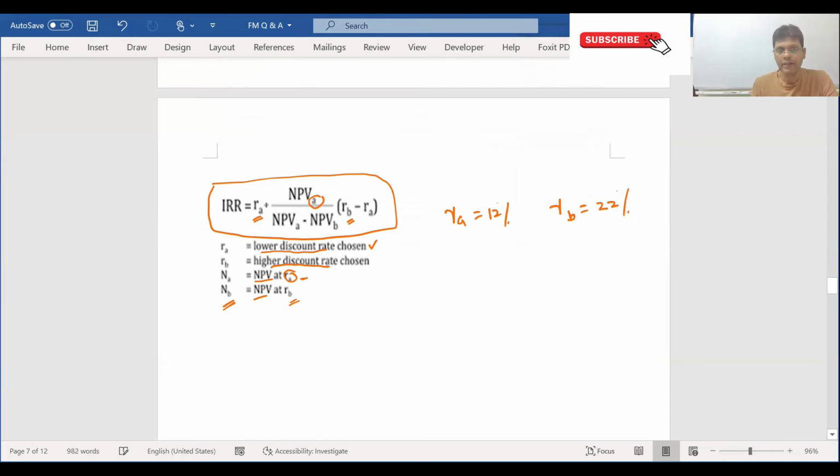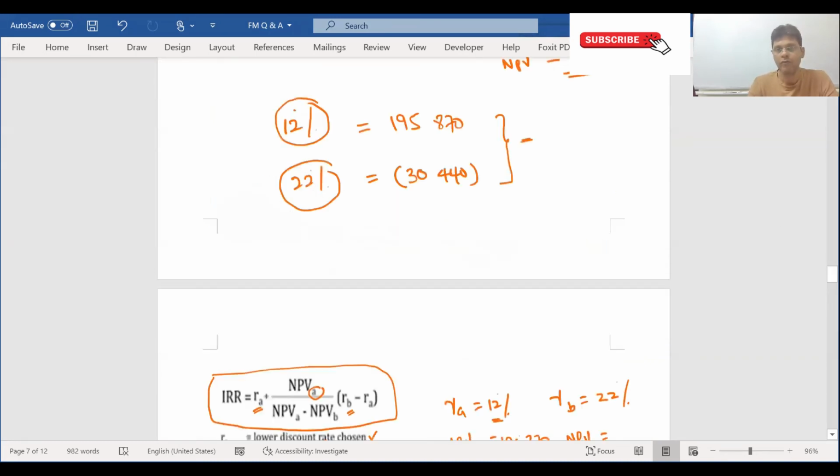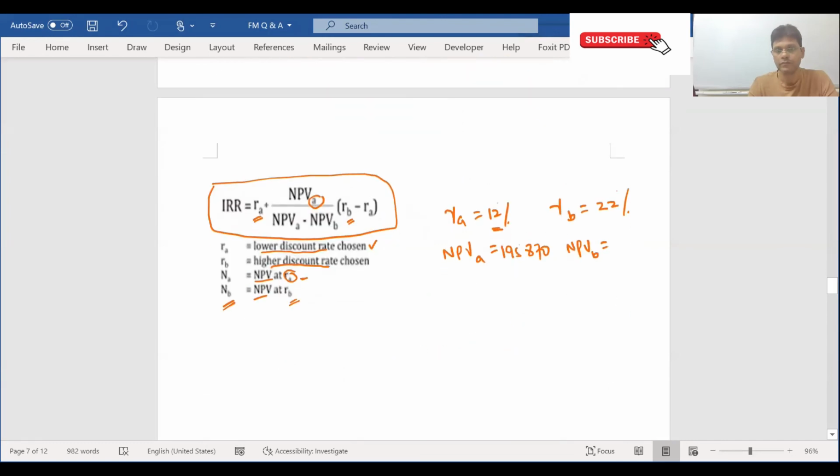Then NPV at A means the NPV at the lower discount rate, which is 195,870, and NPV at B is 30,440. This is a negative NPV.